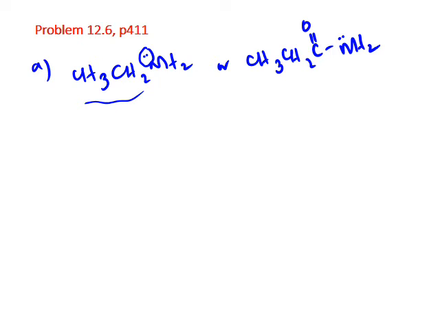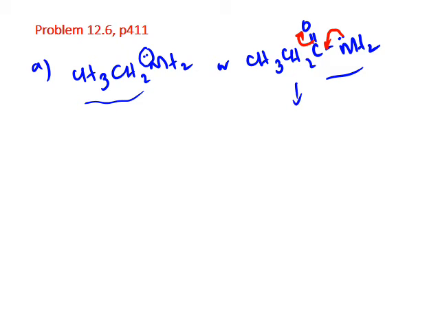On the other hand, in the second structure, the pair of electrons, I can show you that, indeed can go to this location because this carbon has a weaker pi bond, and that is going to break and leave its electron pair onto oxygen. So let me show you how it's going to look.